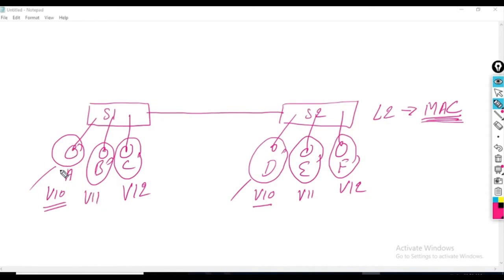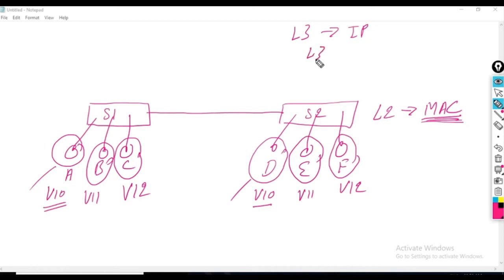So basically VLAN 10 is a different network, VLAN 11 is a different network, VLAN 12 is a different network. Whenever we need to communicate between two or multiple different networks, we need a device which can understand layer 3. Layer 3 means the IP address. So what are the devices which we can use to configure Inter-VLAN?